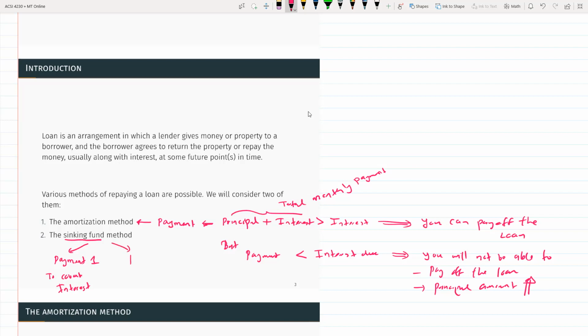Then you will make another payment, payment two, to a sinking fund, which accumulates. Once the accumulated value equals the original loan amount borrowed, since you are paying the interest, the loan amount is still at the same level, then you can pay off the loan.